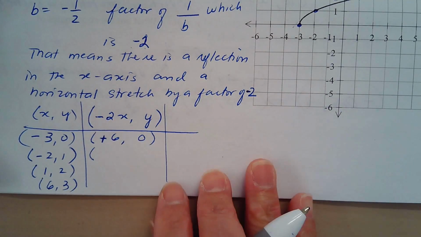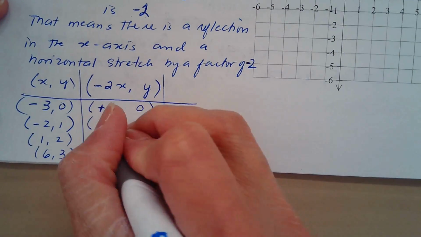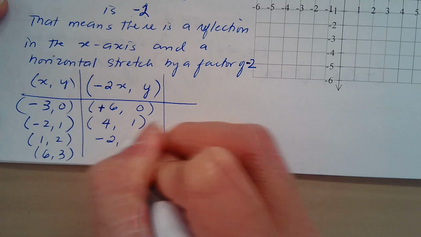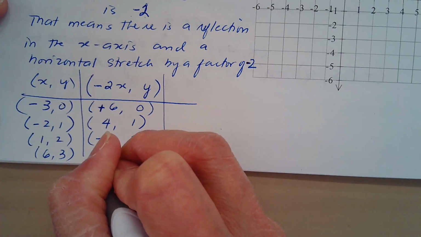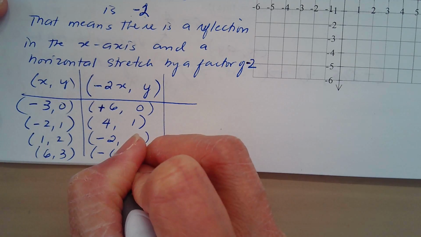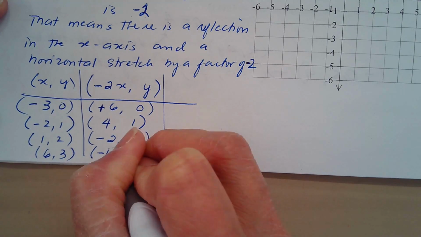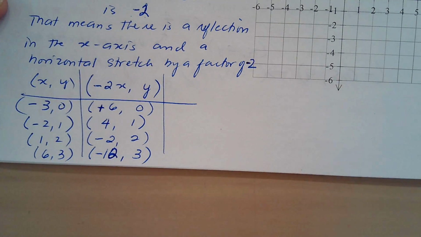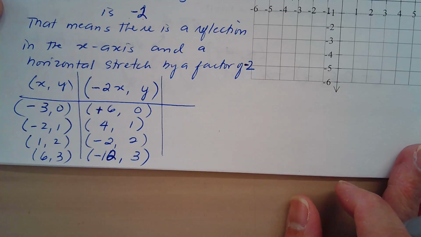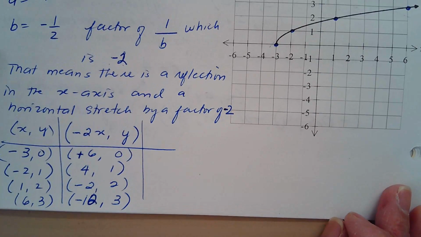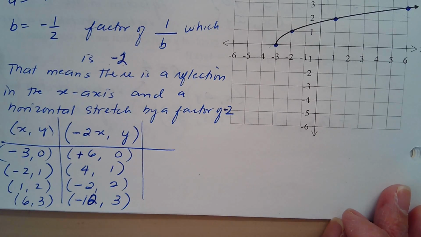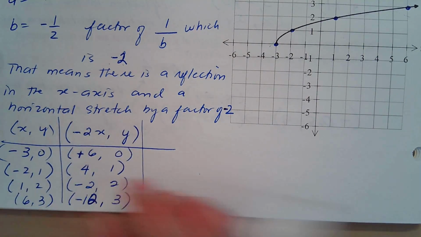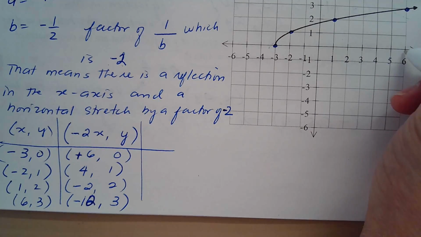Oh, that should be +6, 0. +4, 1. -2, 2. And this one is going to be -12, 3. Okay, which is over my picture, so that's okay. Okay, so now we're going to graph that one. 6, 0.